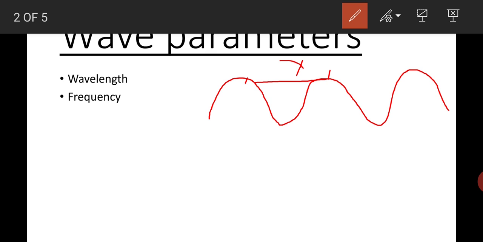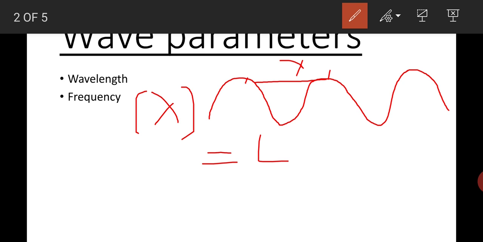It is represented as lambda. Anyway, this is a length, isn't it? The distance between these two ups or downs. So this is a length, which implies the dimension of wavelength is L.